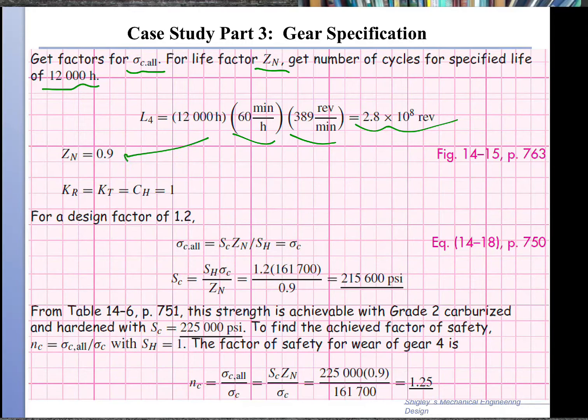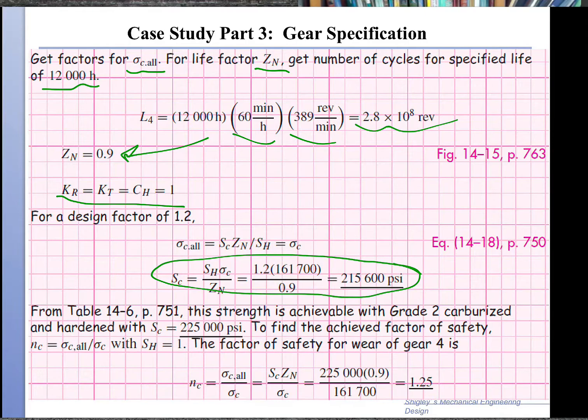And then we can compute the cycle factor under contact to be 0.9, and all of the other 3 factors taken as 1, and that can therefore be input to compute the strength in contact to be 215.6 KSI.